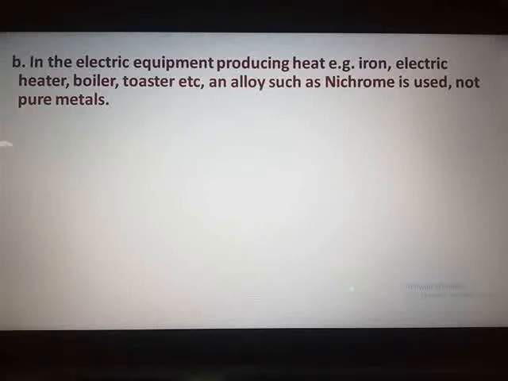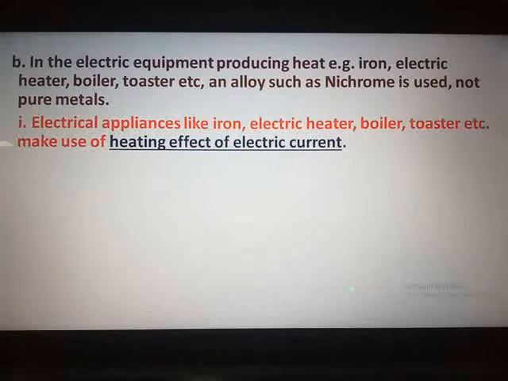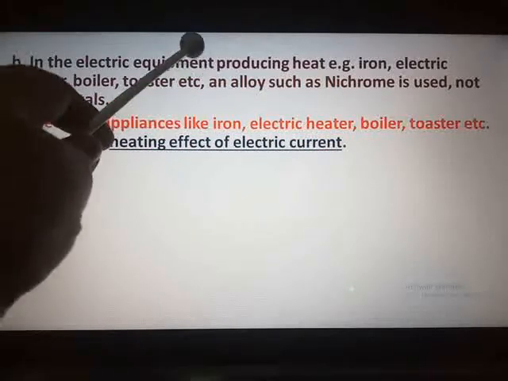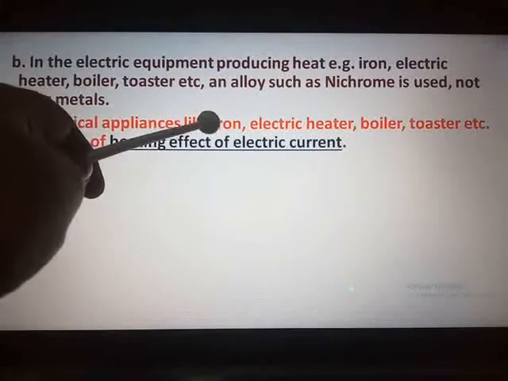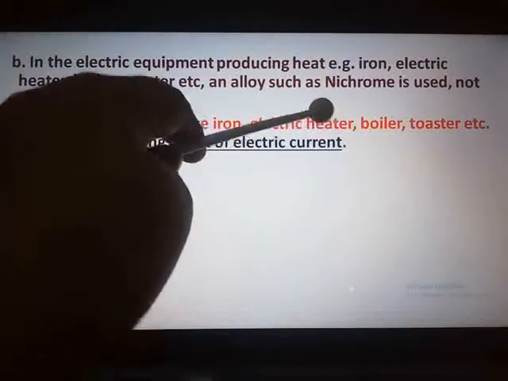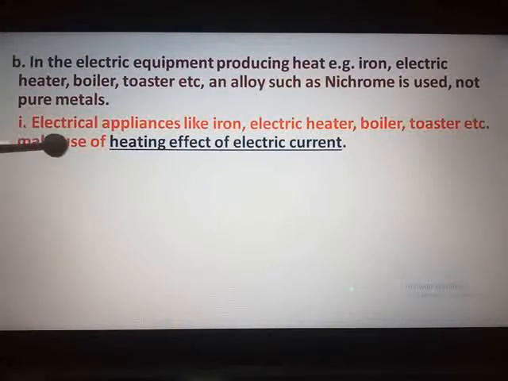First thing, again, as you have mentioned in the previous give reason, electric bulb works on the principle of heating effect. Here also your first point should be electrical appliances like whatever names are given in the question, iron, electric heater, boiler, toaster, etc. They make use of heating effect of electric current. Highlight heating effect of electric current.